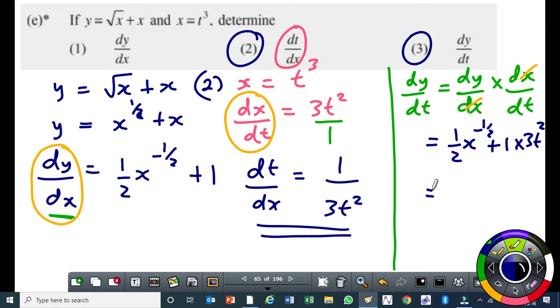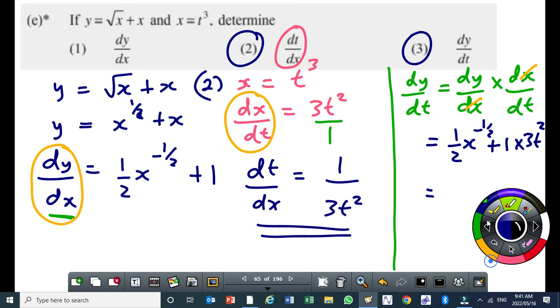Can you pay attention? What I'm trying to say is, if you want to determine dy over dt, in this equation, do we have a relationship in y and t together? No. Do we have a relationship in y and t there? No. So what we have to do is we have to use the derivatives of both of them to come up with dy over dt.